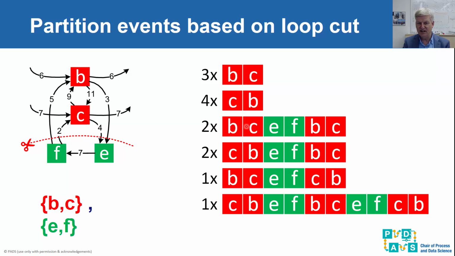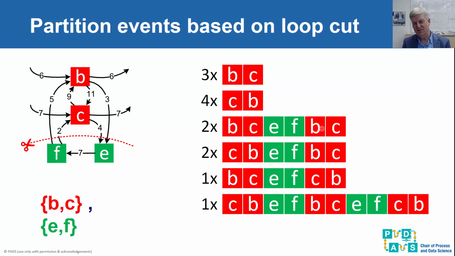Basically, each time that we leave the red part, we are starting a new case if we are projecting this on the red part. So you should think of this as that you take these sequences of events here and you add them here to the bottom.